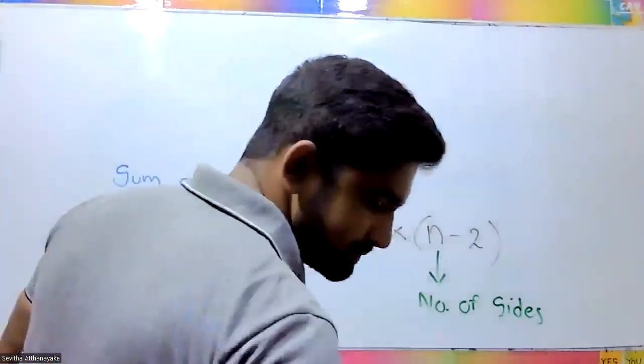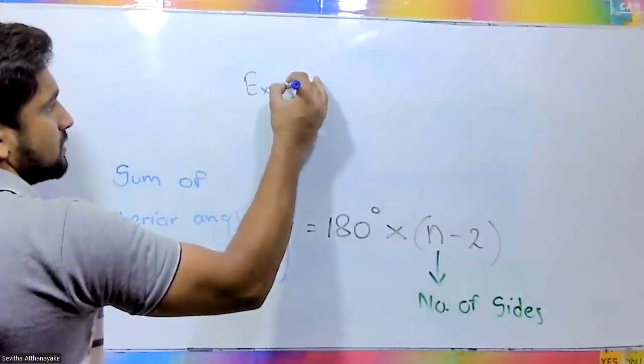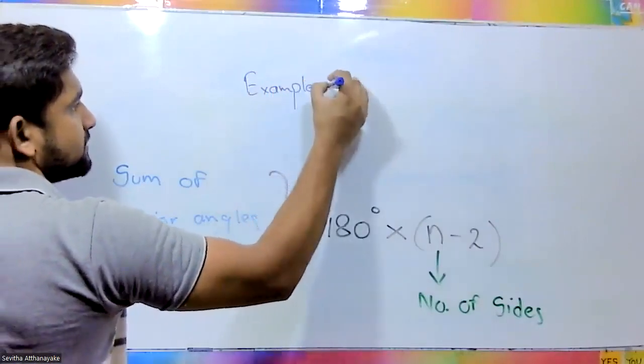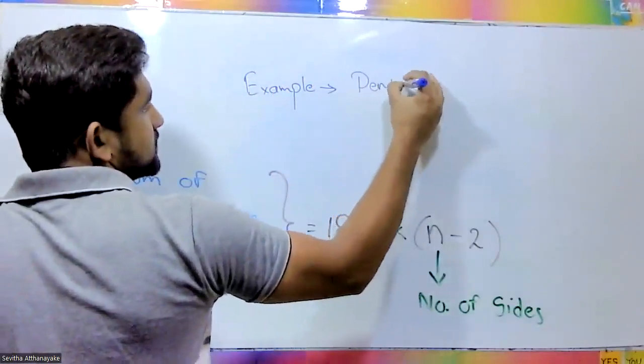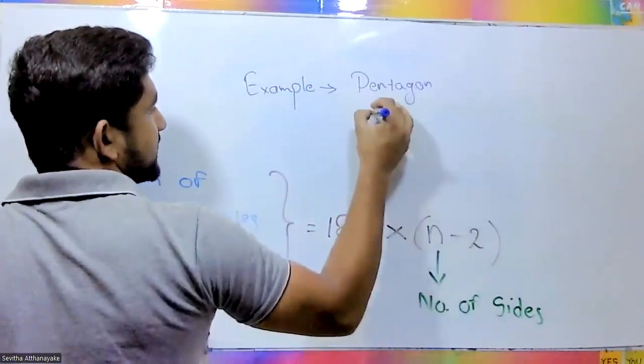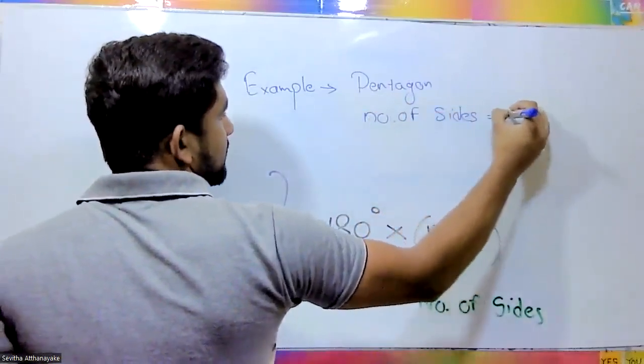As an example, if we take the pentagon, the number of sides is 5.